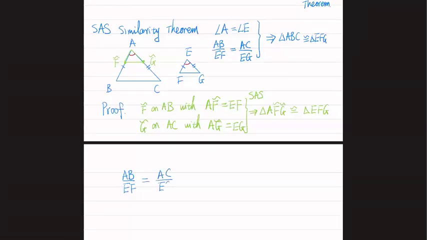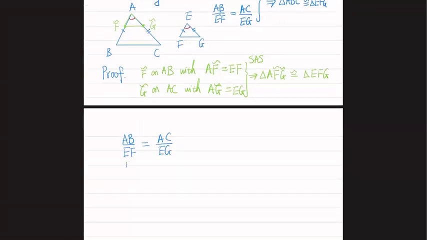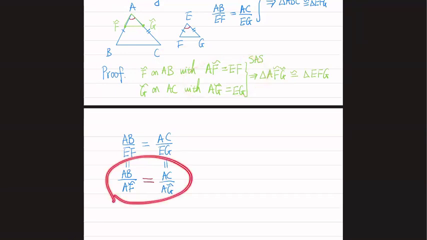I copy this one, then I do the replacement. This is AB over AF, this is AC over AG. So we have this identity, because this is the condition we have, and this is our construction. Therefore, the two ratios are the same.